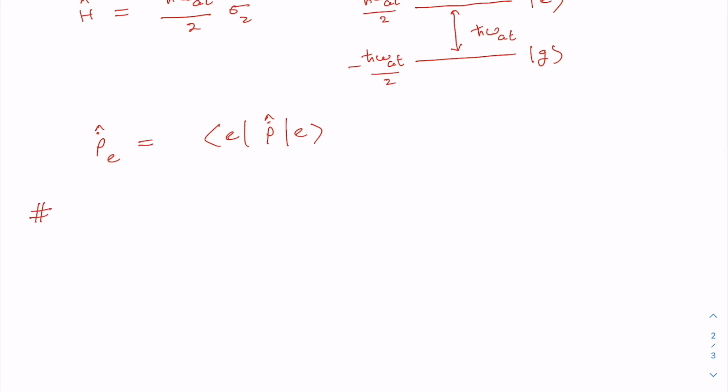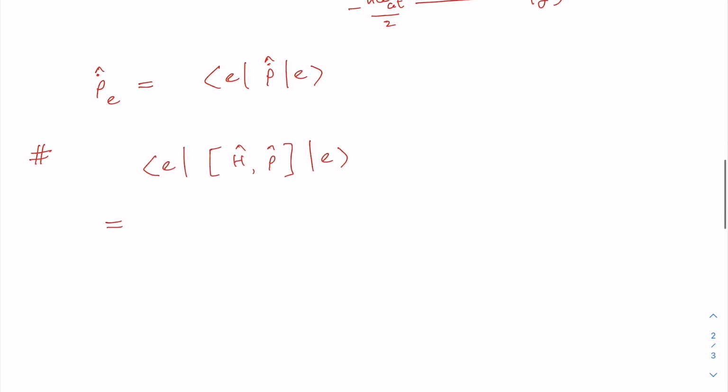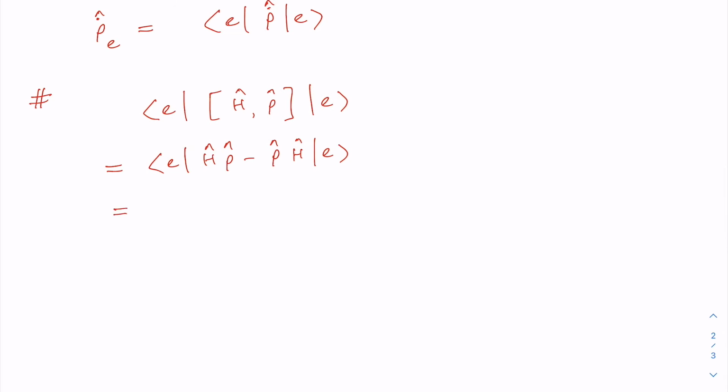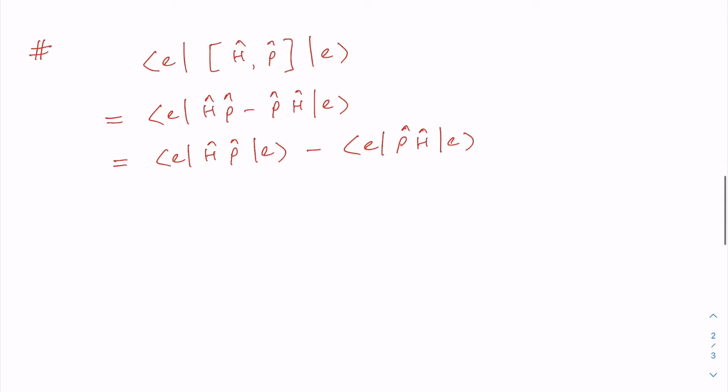So the first term we have here is ⟨e|. Let me first calculate ⟨e|[H, ρ]|e⟩, and if I open it up, it would be ⟨e|Hρ − ρH|e⟩, or ⟨e|H ρ|e⟩ minus ⟨e|ρ H|e⟩.